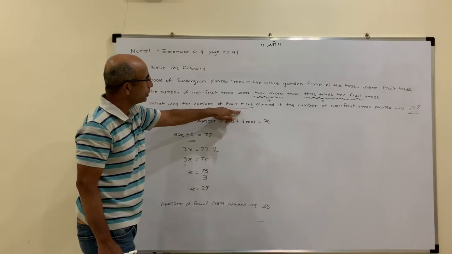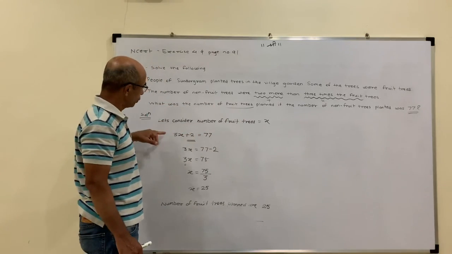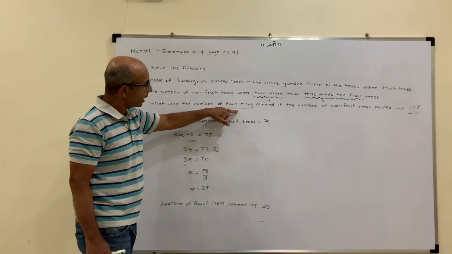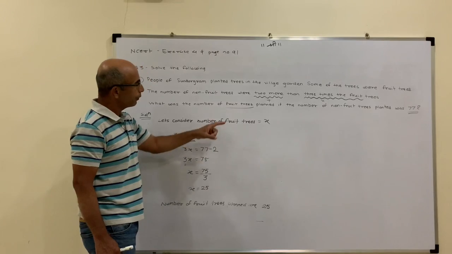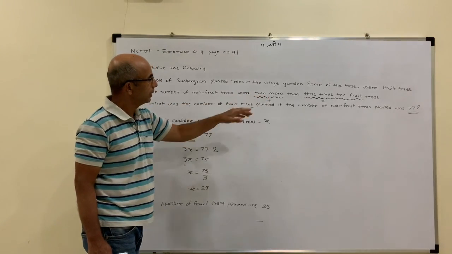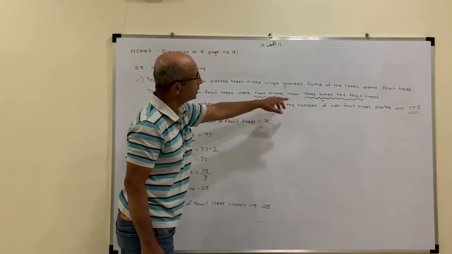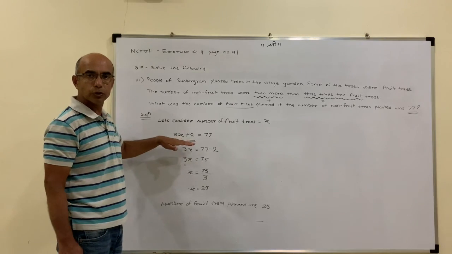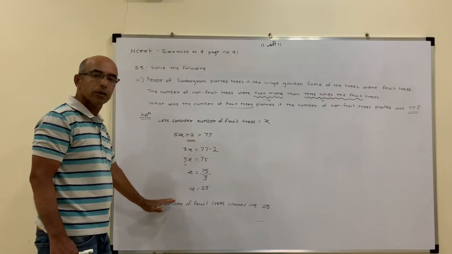What is to be found out? That we need to consider as x, and then with that x in relation we find the other information. So with this x relation there is 3 times and 2 more. So my equation is 3x plus 2, and then you solve the equation.